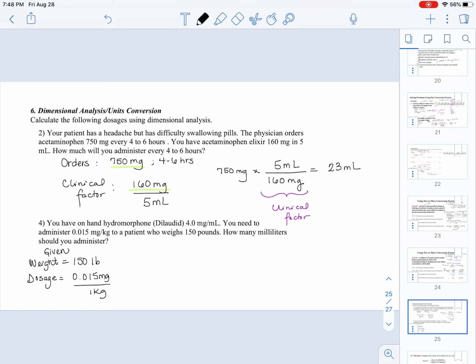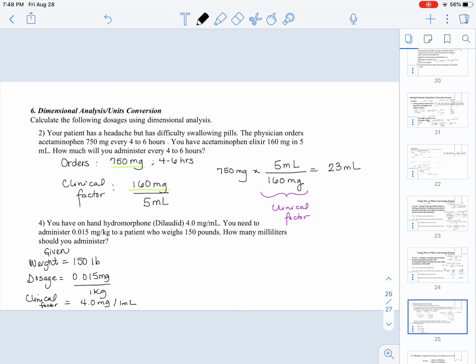And lastly, we use as a clinical factor what we have in hand of this particular medication. So my clinical factor is going to be 4.0 milligrams per 1 milliliter.